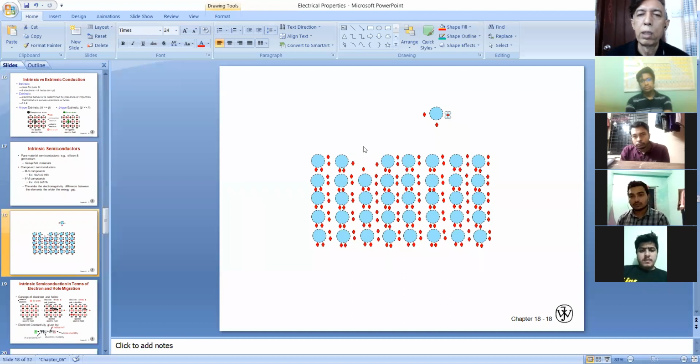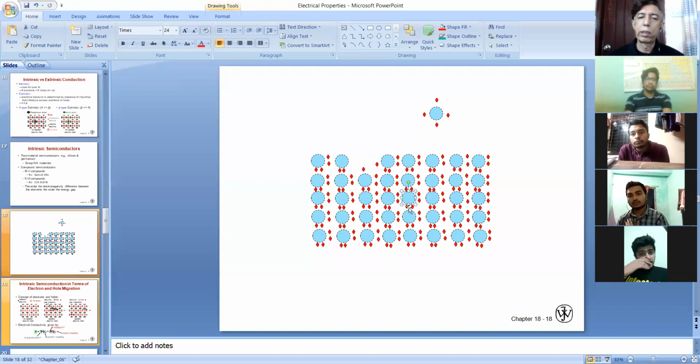Now, if we consider this silicon, it has 4 electrons in its outermost orbit, and another 4 it shares with its neighboring atoms. So this silicon has 8 electrons, and it is satisfied.